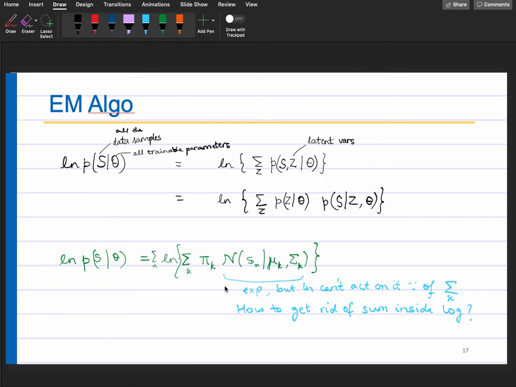It would have been similar to the least squares estimate for regression. But because of this summation term, this is not possible. How to get rid of the sum inside the log? That is the basic philosophy of the EM algorithm, to get rid of this summation inside the log.